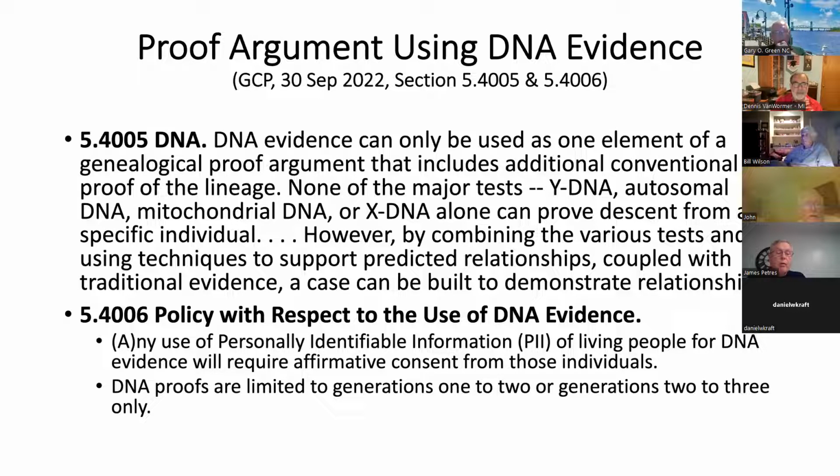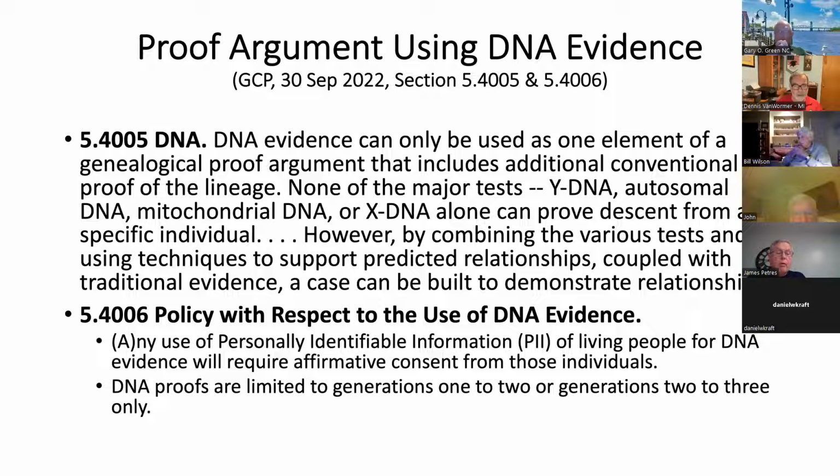You cannot have just DNA tests and say, okay, that proves this link, whichever one I'm trying to prove. That is because you have 4 major tests, and none of them by themselves can prove descent for an individual. Basically SAR said, we want to see traditional evidence along with your DNA evidence to build your case on a link using DNA.